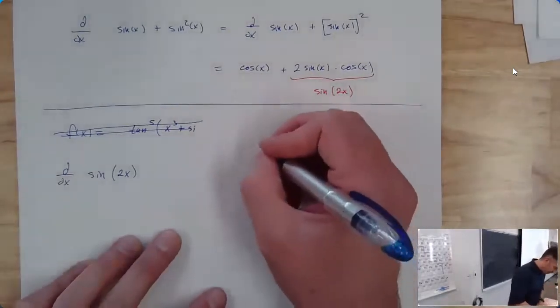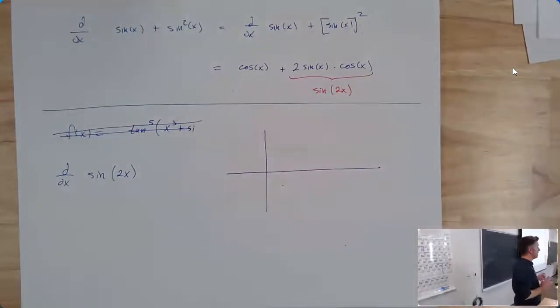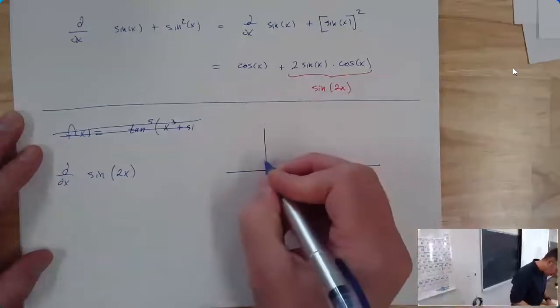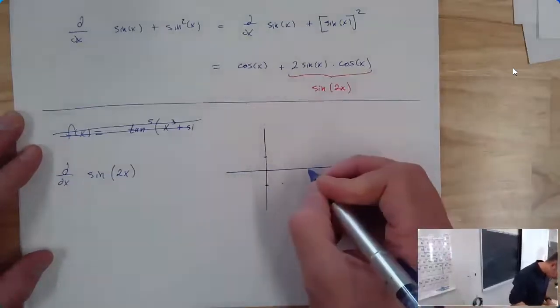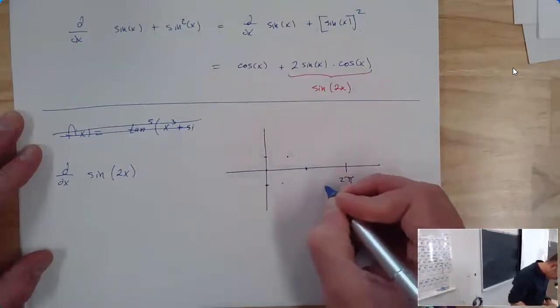Here's the graph of sine of 2x. Sine of 2x looks a lot like sine of x because its period has been cut in half. Sine of x has a period from 0 to 2 pi. Sine of 2x has a period from 0 to pi. So here's my usual sine function.